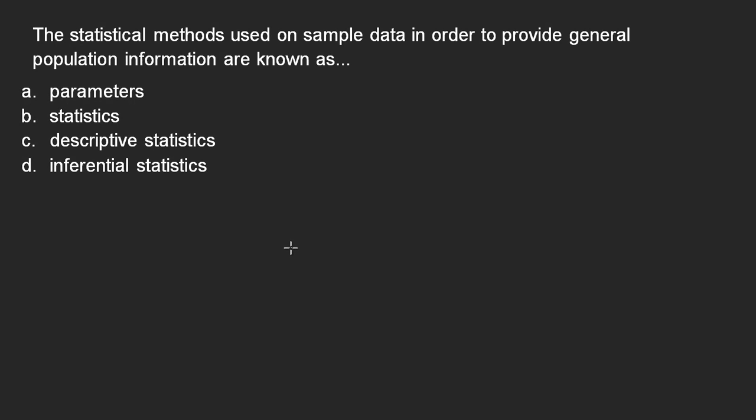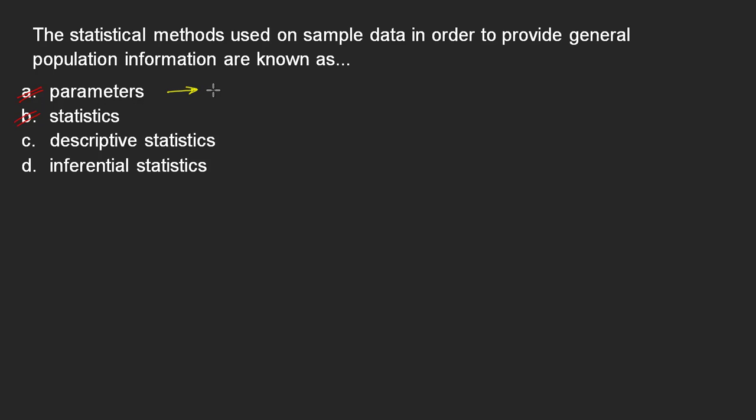The statistical methods used on sample data in order to provide general population information are known as either A, parameters, B, statistics, C, descriptive statistics, or D, inferential statistics. Now we can rule out the first two simply because parameters and statistics, as I've described in my previous videos, are properties or characteristics of either populations or samples.